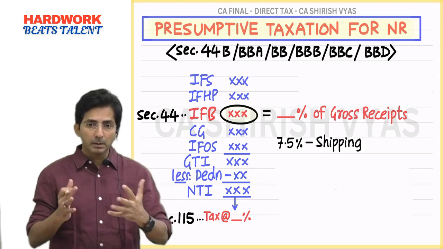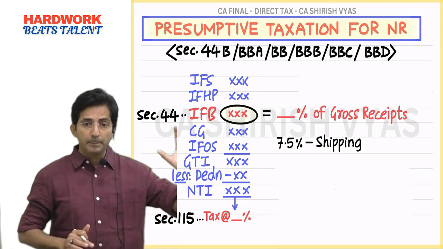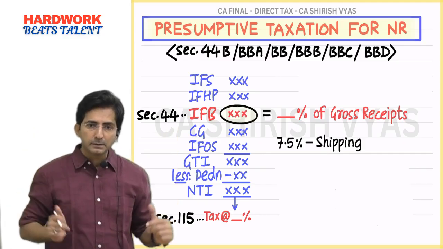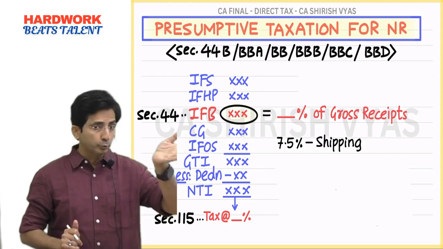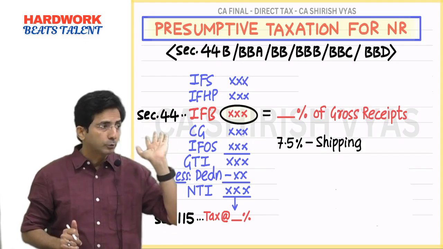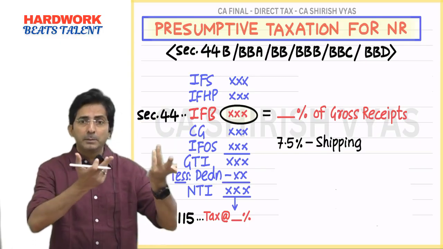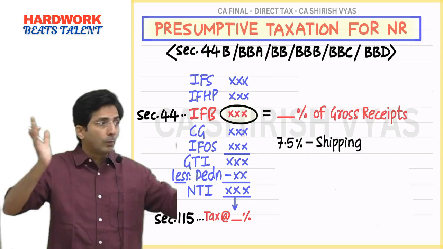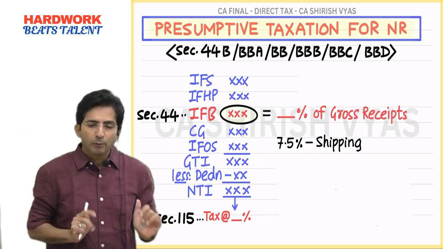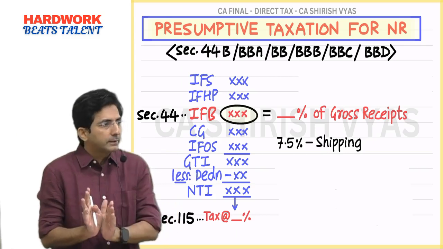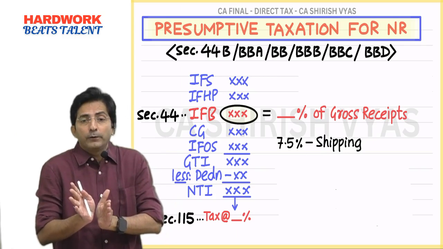See, logic is just for our satisfaction. Eventually, you will have to by heart 7.5%. Okay. But for airline business, now imagine there is some company from Japan. In the example earlier, Australia, I said now Japan. Japanese company, they are running airlines. And their airlines, they come to India also. It goes to US also. It goes to New Zealand also. Again, same logic. Their business is spread across the world. But can government of India tax their world profit or only Indian profits? Indian profits. And to calculate Indian profit will be challenging.